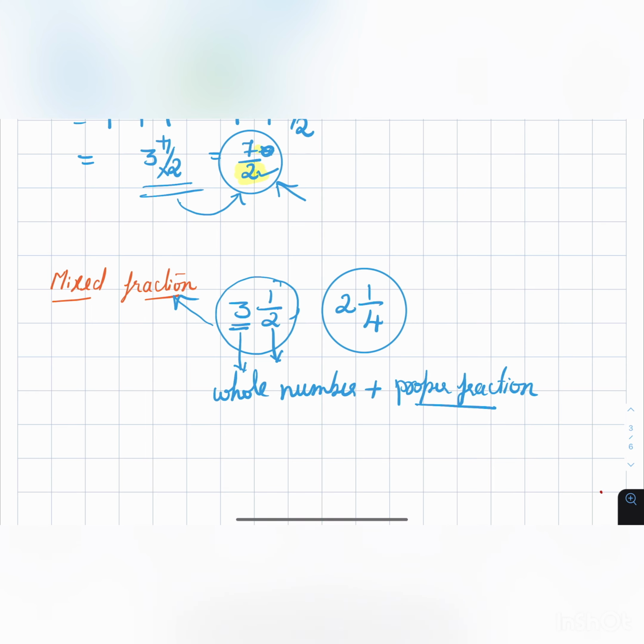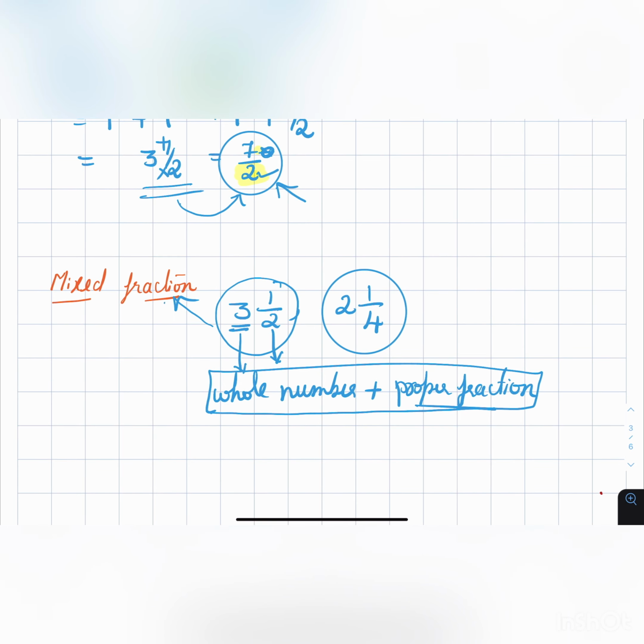Proper fraction is nothing but less than a whole. So the combination of a whole number and a proper fraction is nothing but a mixed fraction. So we can convert improper fraction, that is 7 by 2, into a mixed fraction, 3 and a half, or this one can be converted into 7 by 2, which is an improper fraction. So they are mutually convertible.